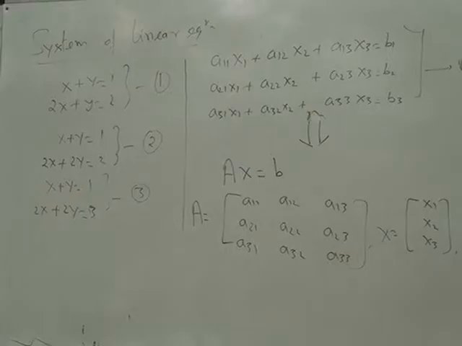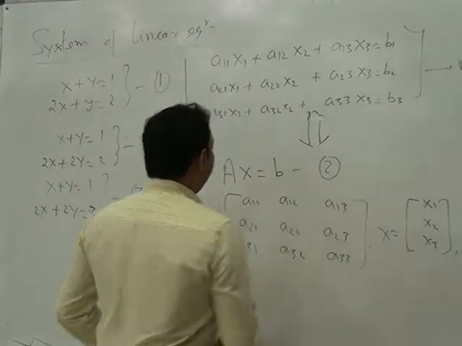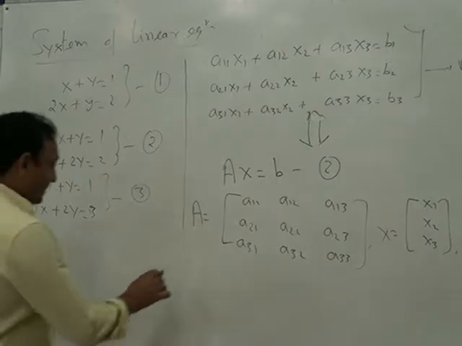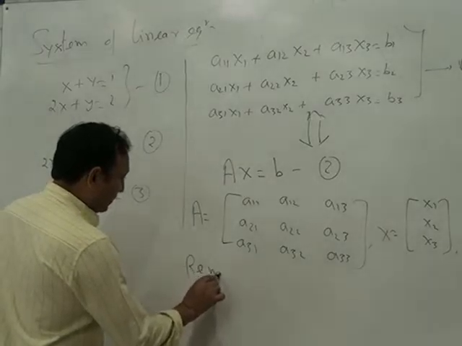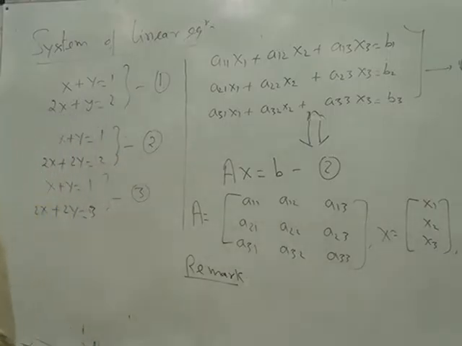So the question is, let me call this 1 or 2, doesn't matter, when does this have a unique solution, and then we can find the solution. A very simple remark I make, since we will not go into detail: you know the determinant of a matrix, right?